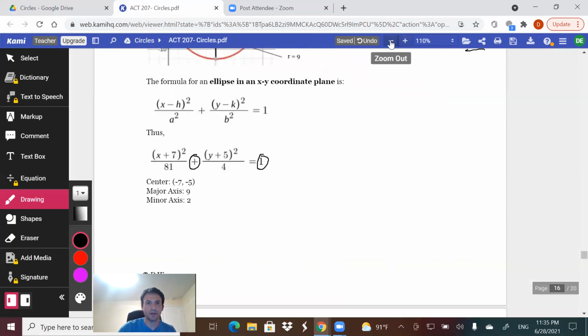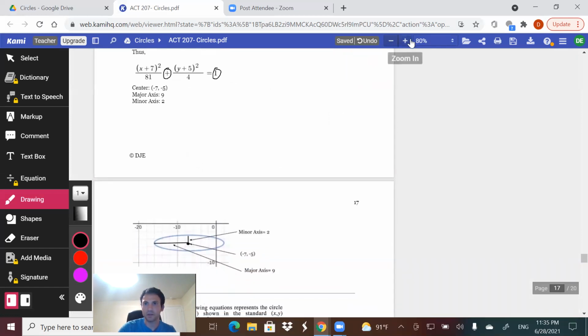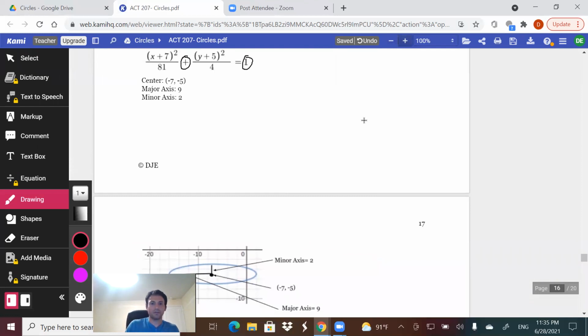So let me zoom out to kind of show how this plays out. And I'm sorry if you're like, hey, Dan, I didn't sign up for an eye test here. But if you look at this right here, this equation and this ellipse, we go -7, right? -5 based off of the top. So here's our center. And because below the x is 81, that's your a squared.